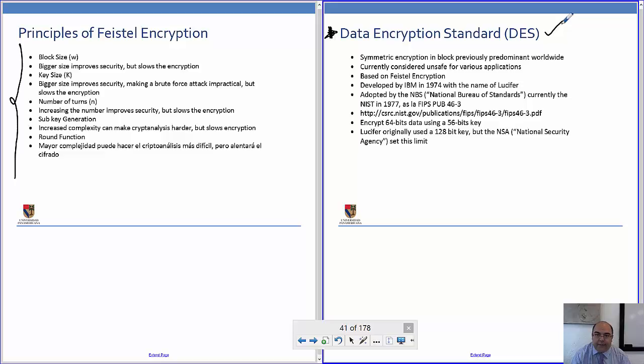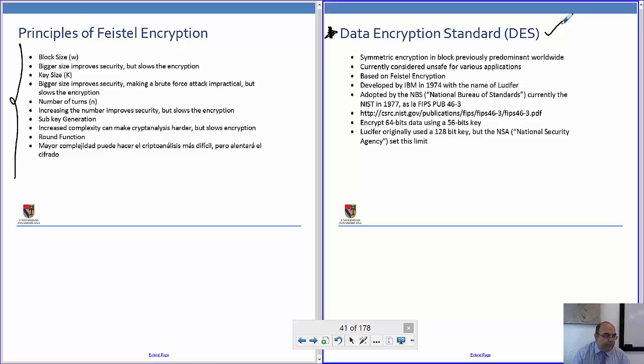This is based on the Feistel encryption, so it has two halves. It was developed at IBM in 1974, a long time ago, and its original name was Lucifer. NIST changed the name and changed other parameters, and the new name was this.